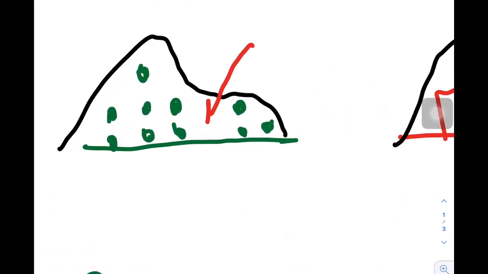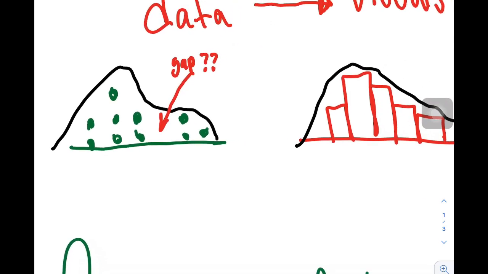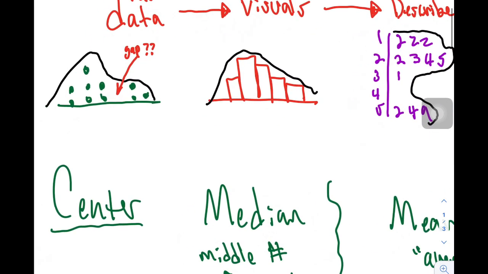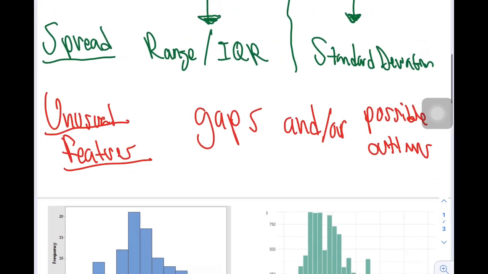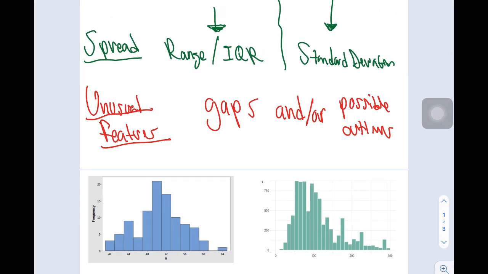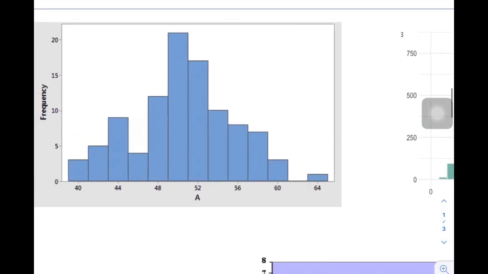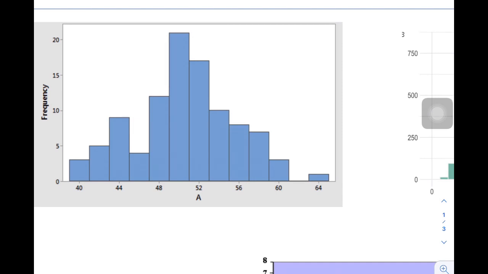So like in this dot plot, there's a gap right here. Why is there a gap? That's something to mention. Possible outliers, I think you guys remember I mentioned outliers are something that's really high compared to the data or really low compared to the data. So like for this guy, maybe the 64 is a possible outlier. There's a gap here, so that's an unusual feature.